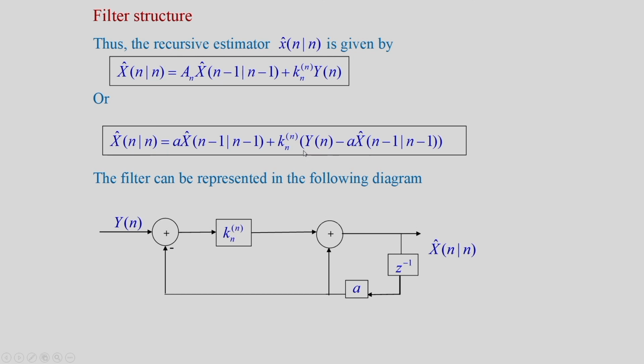So, that way we have this structure. Suppose this is my filter output here and this is yn.